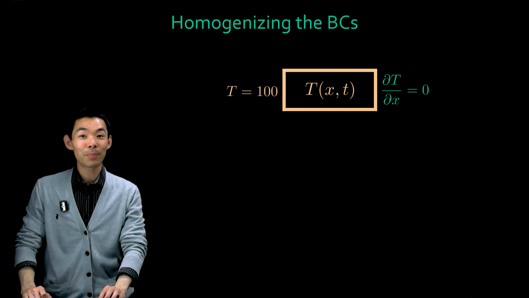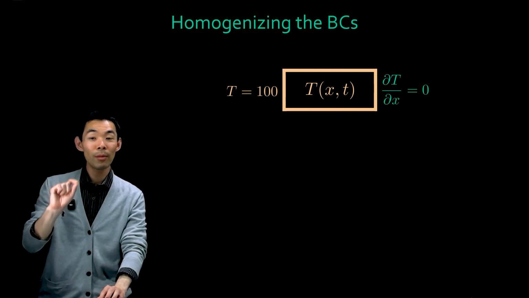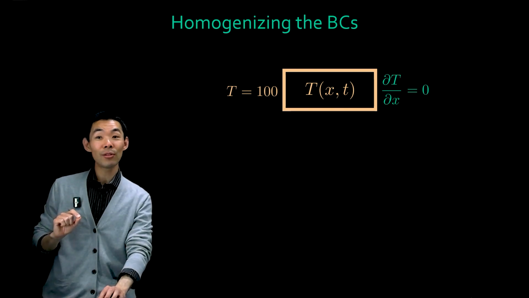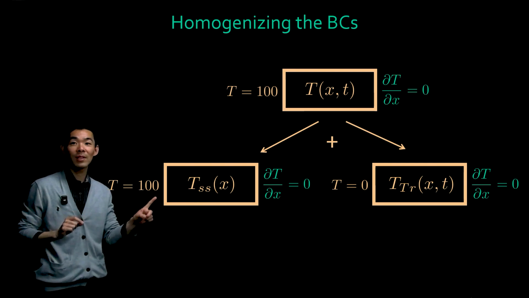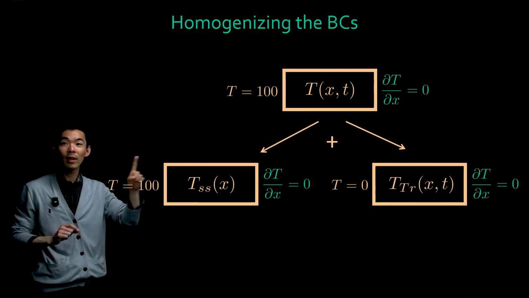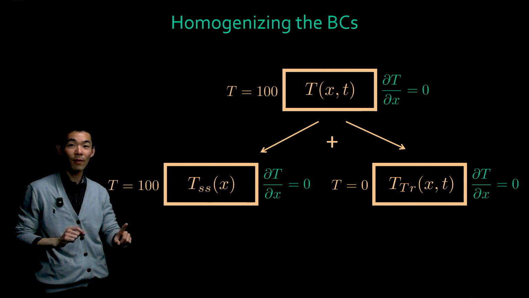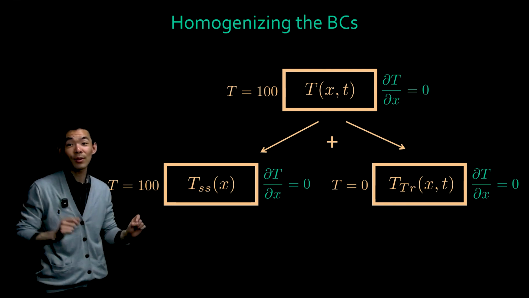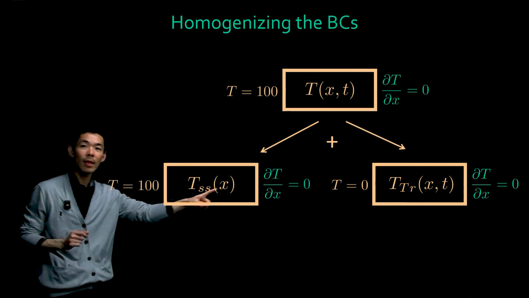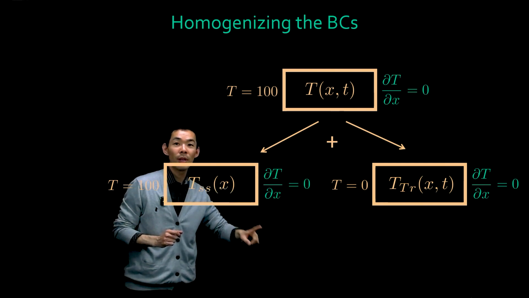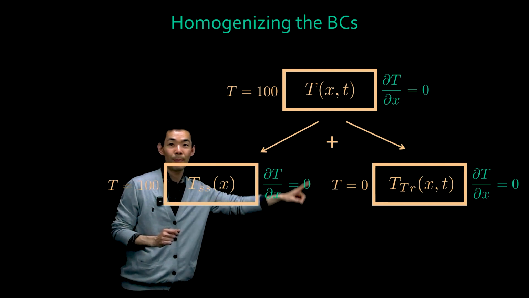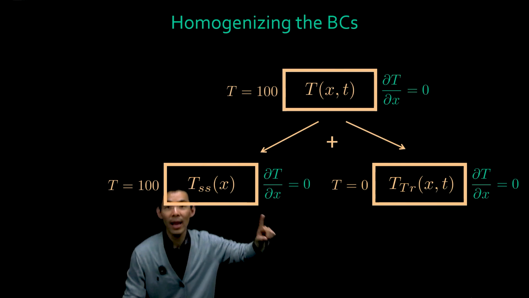We still have to split it into two parts. Recall the problem we just did. We split it into two parts. One part was the steady state solution, where you took the non-homogeneous boundary condition of temperature equal to 100, or a non-zero number, on the left-hand side. And on the right, you wrote the derivative of the temperature, partial T partial x, equal to 0.